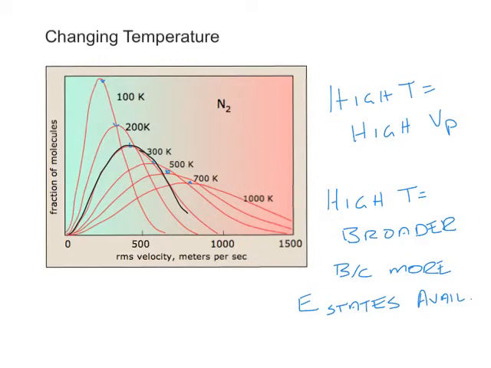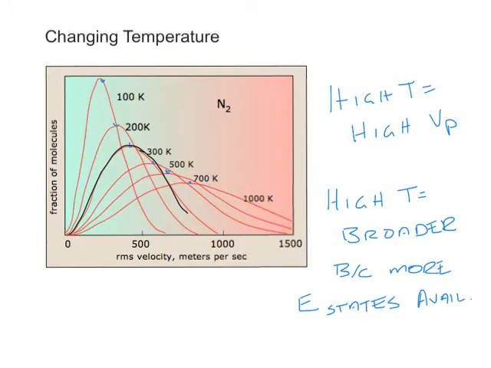So if you recall on that previous slide where we had the curves, there's infinitely more higher energy states to be occupied. So as you increase the temperature, not only does your peak shift to the right, but your curve broadens and flattens out because there's more higher energy states that can be occupied. So that flattens your curve. Whereas at low temperature, the peak is to the left and the curve is very compressed because it doesn't have enough energy to occupy these higher energy states. So all of the molecules are confined in a much more narrow band.